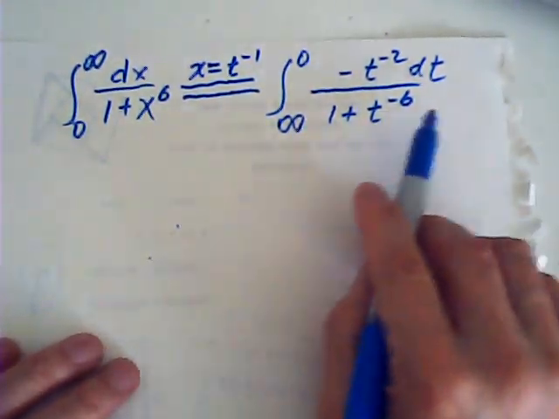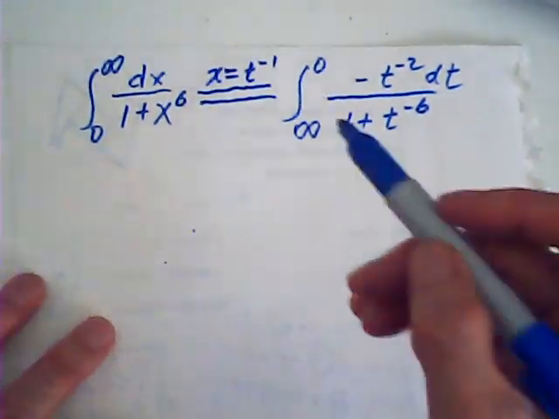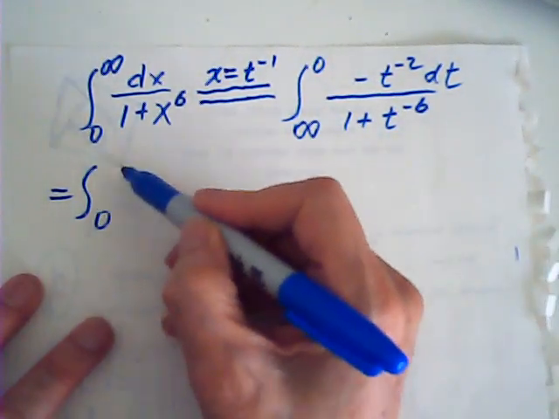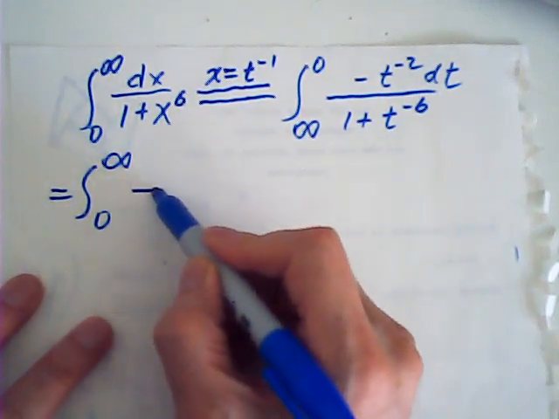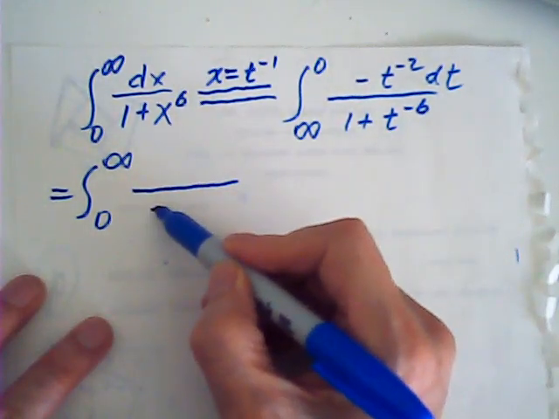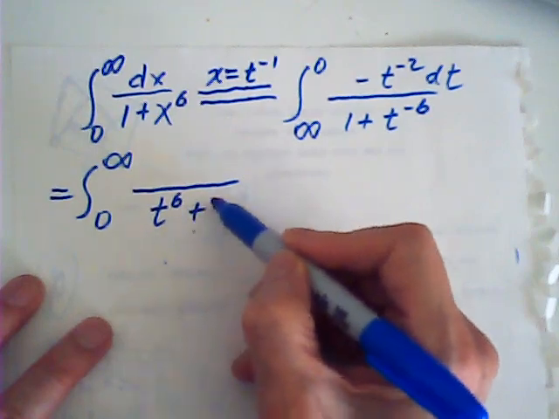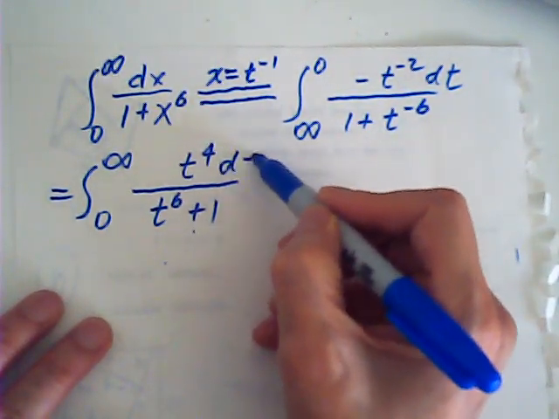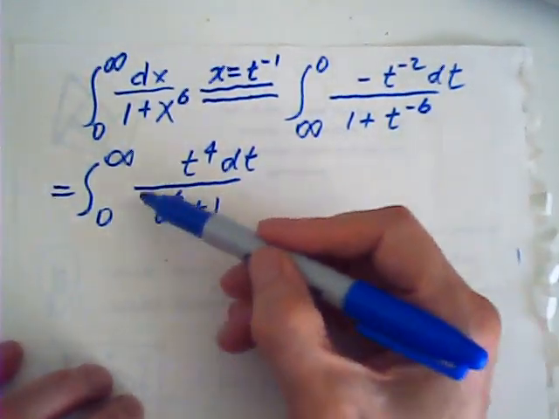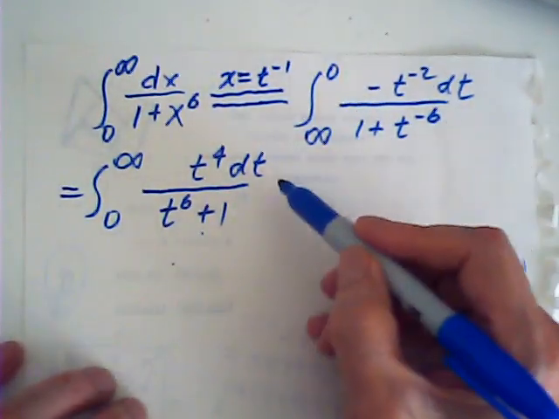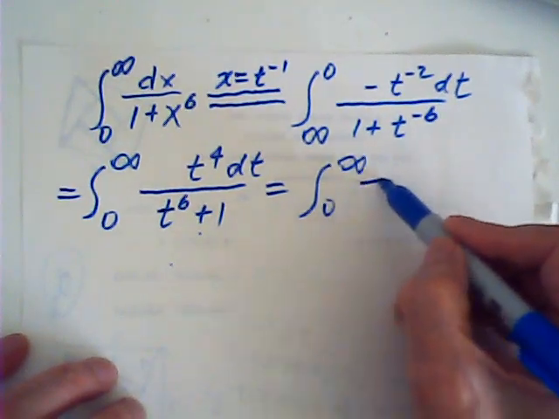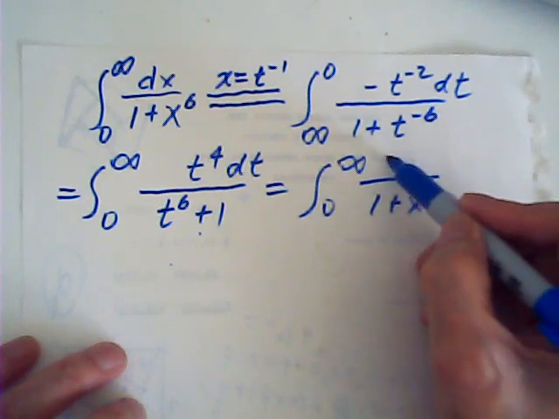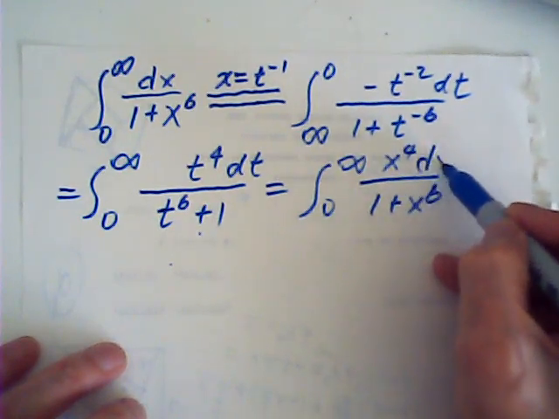Then I multiply by t to the negative 4th power, flipping this one over, and you have t to the 6 plus 1, and this is t to the 4th dt. Okay, this is also I. I change the dummy variable to x: 1 plus x to the 6, x to the 4th, and dx.